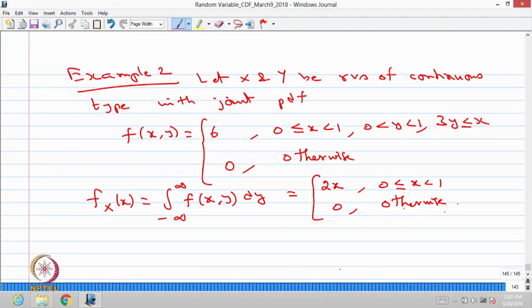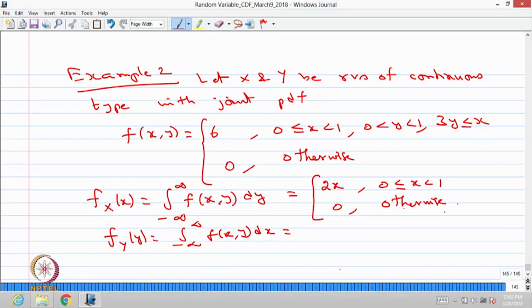You can verify this result also, whether this is a correct probability density function of x, by integrating 2x from 0 to 1, you will get the value 1 and it is greater than or equal to 0, therefore this is a probability density function of x. Similarly, you can compute the probability density function of y by integrating the joint probability density function with respect to x.